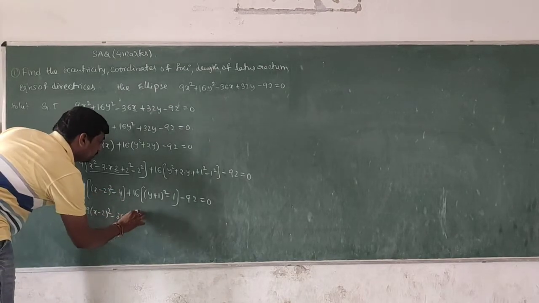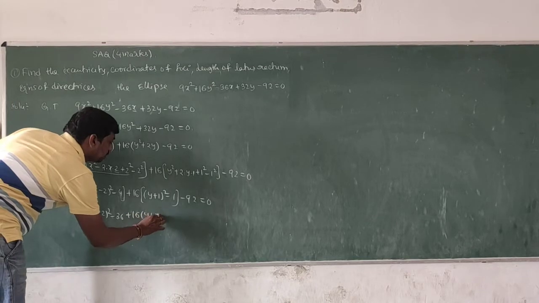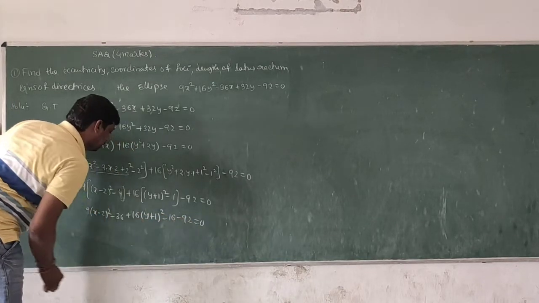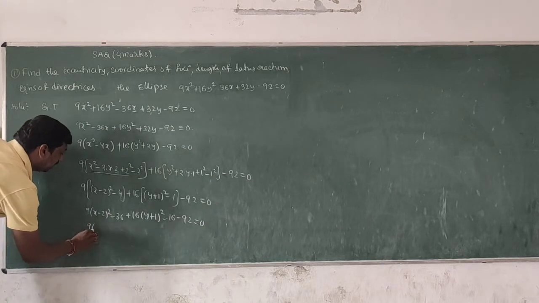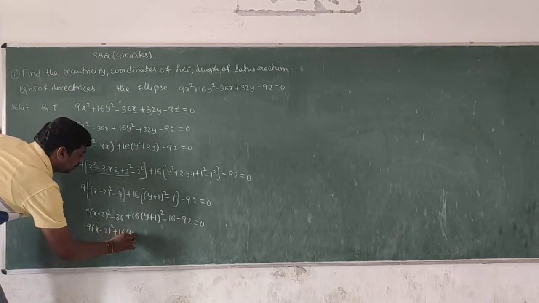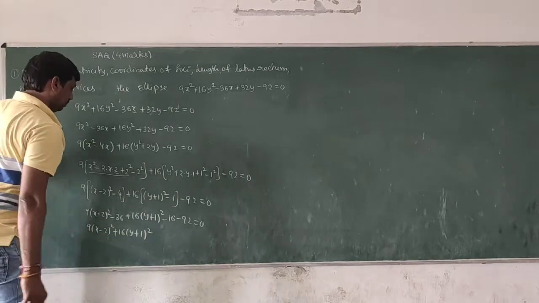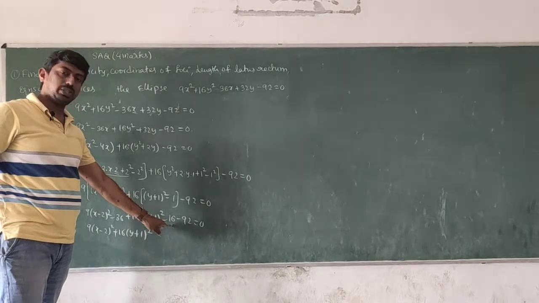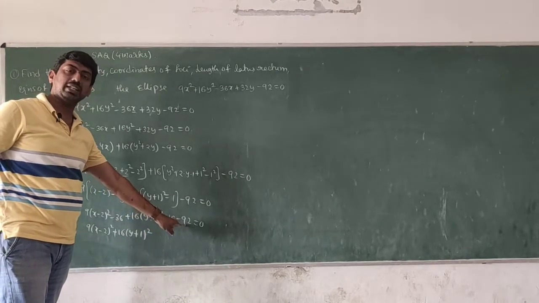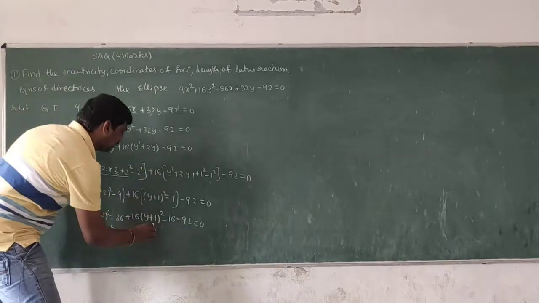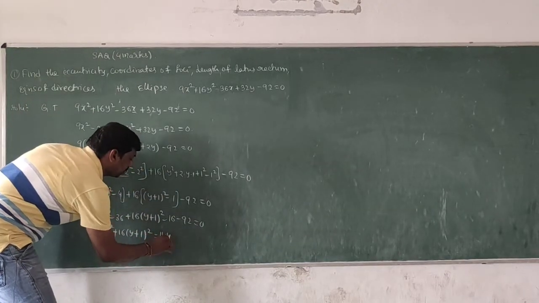Next, 16 into (y plus 1) whole square minus 16, 16 minus 92 equal to 0. So 9 into (x minus 2) whole square plus 16 into (y plus 1) whole square minus 36 minus 16 minus 92 gives minus 144. Taken to the opposite side, plus 144.